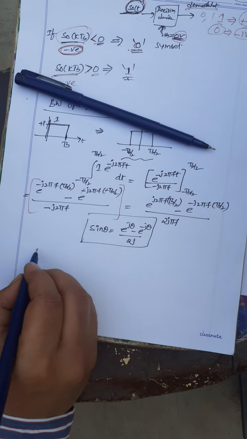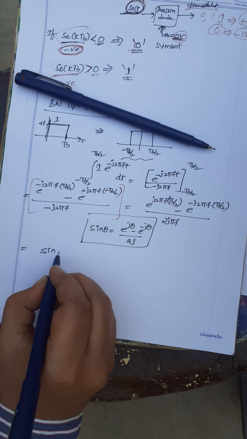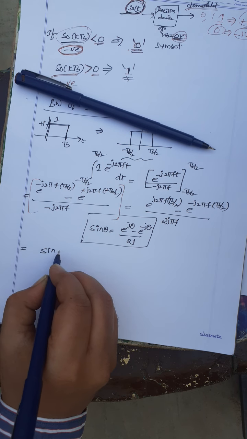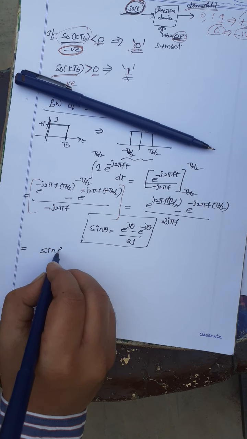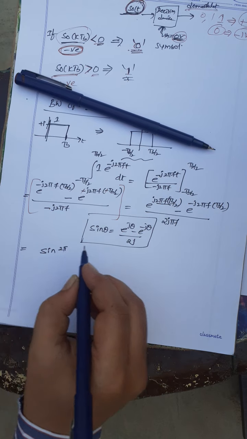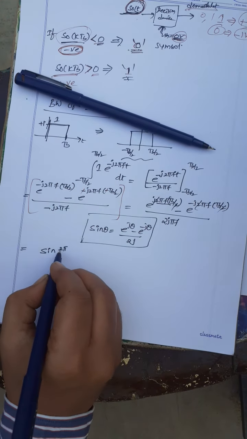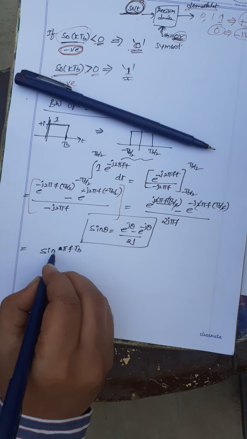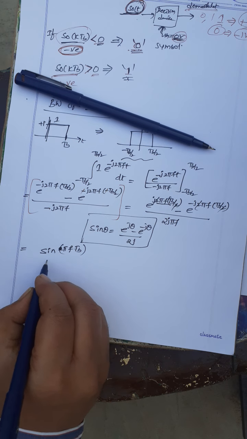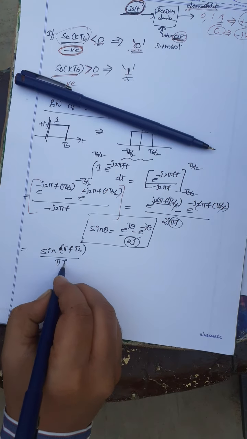So by putting this, theta value is equal to this entire term, 2 pi and another one pi by 2. The 2 will be cancelled. So here pi f Tb by 2j. So now remaining is pi f.